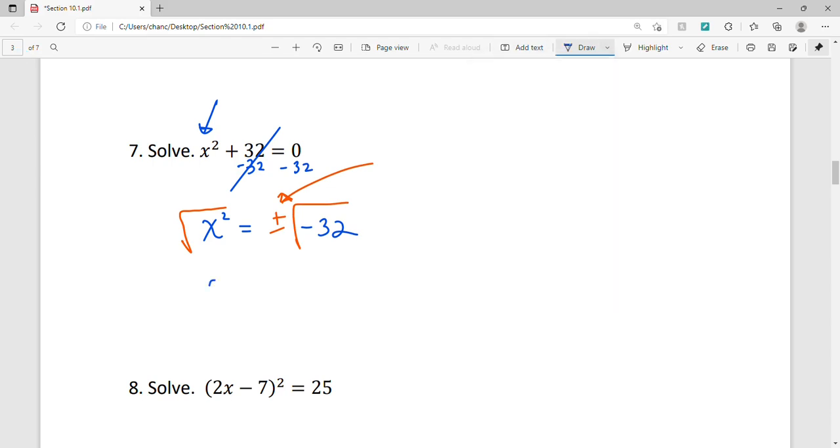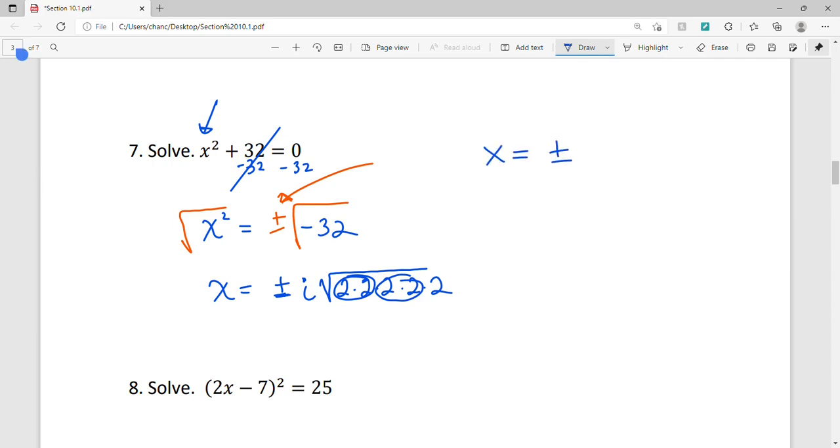And so this simplifies to x equals plus or minus, and there's a negative inside the square root, so I'll always pull out the i first, and then we will do the prime factorization for 32. That's going to be 2 times 2 times 2 times 2 times 2, five 2s, and we'll look for groups of 2 here. I have 2 pairs of 2s, so this gives me x equals plus or minus.